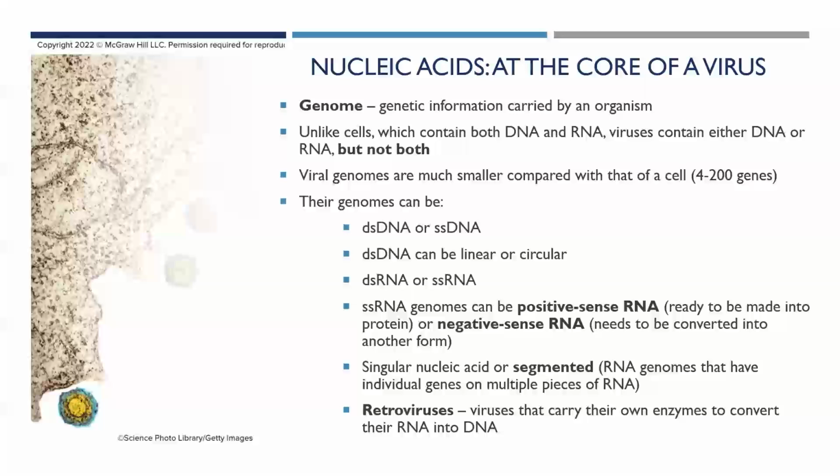An RNA genome could be one piece of RNA that has all the genes, or it could be segmented, multiple pieces of RNA all inside of that capsid. Retroviruses are viruses that carry their own enzymes. They're not going to have a lot of them, but maybe one or two of their own enzymes that can be used to convert RNA into DNA.